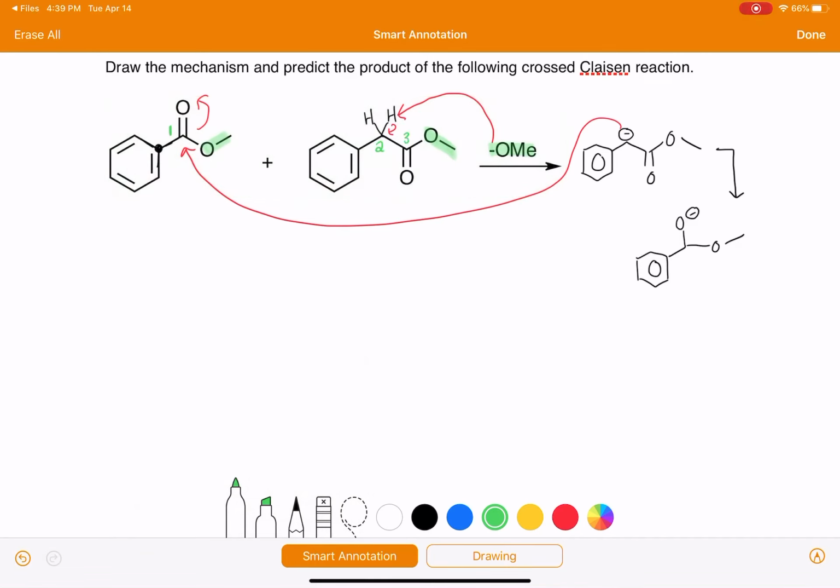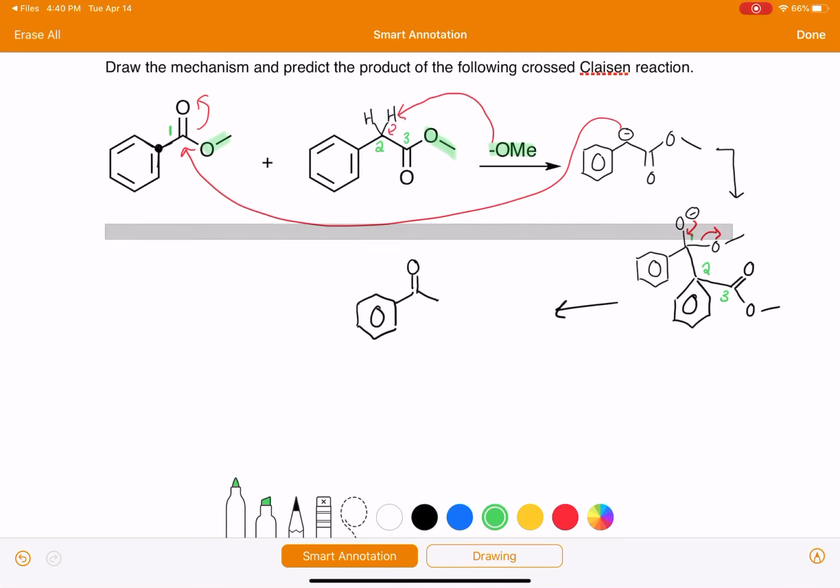Carbon number 1 got attacked by carbon number 2, so we created a bond from 1 to 2. Carbon number 2 has a benzene ring on it. Carbon number 2 also has carbon 3. Carbon 3 is the carbonyl and the OCH3 group. So there it is. Next thing that happens here is that O- comes back down and recreates the carbon-oxygen double bond. And let's draw what we get from that.